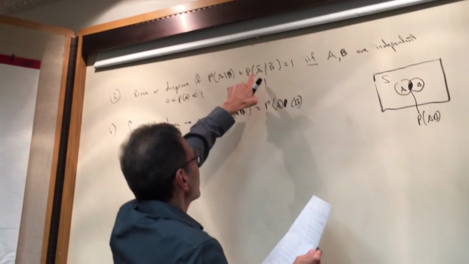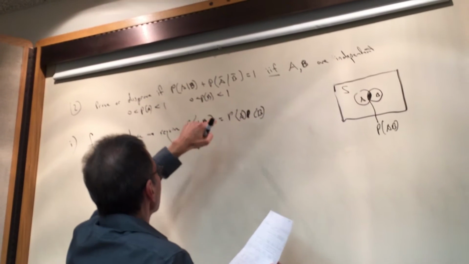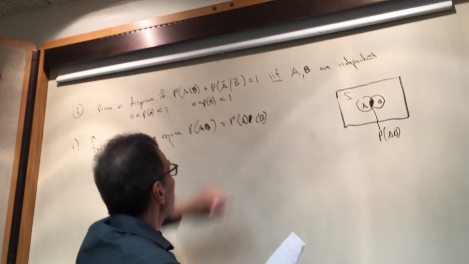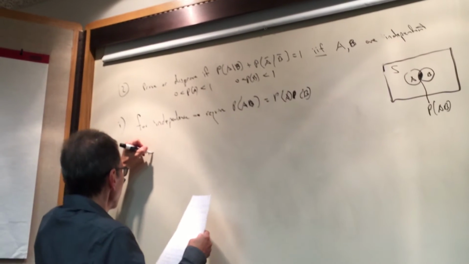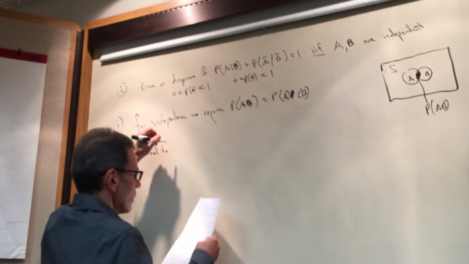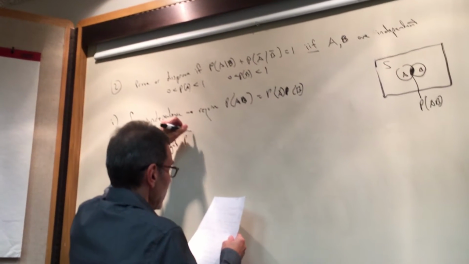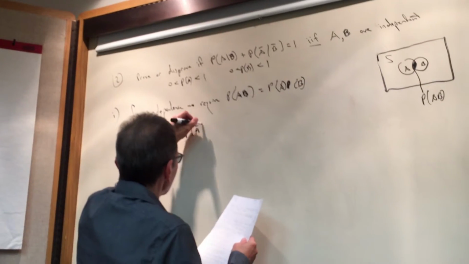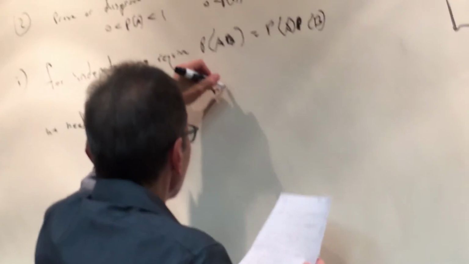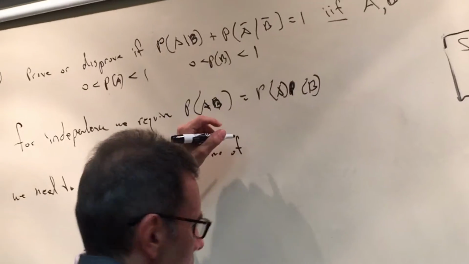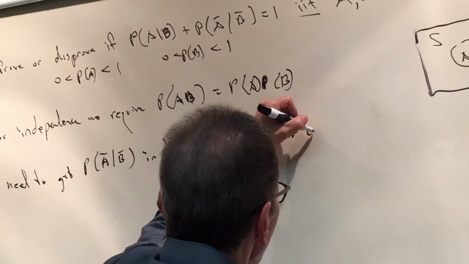Here's something equally important. This term is the problem term, because it has these complements in it. We have to find a way to algebraically get rid of those complements. So we need the probability of A bar, B bar in terms of A and B, no complements.